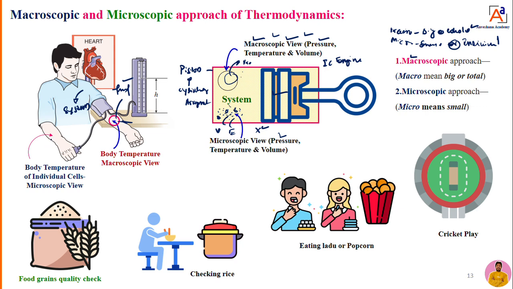You can take one more approach here now: measuring the properties of the individual blood cells which are flowing in the human body. That approach we can call a microscopic approach. In the microscopic approach, we determine the position of the individual particle or blood cell, the velocity of the blood cell, and the energy of the blood cell.